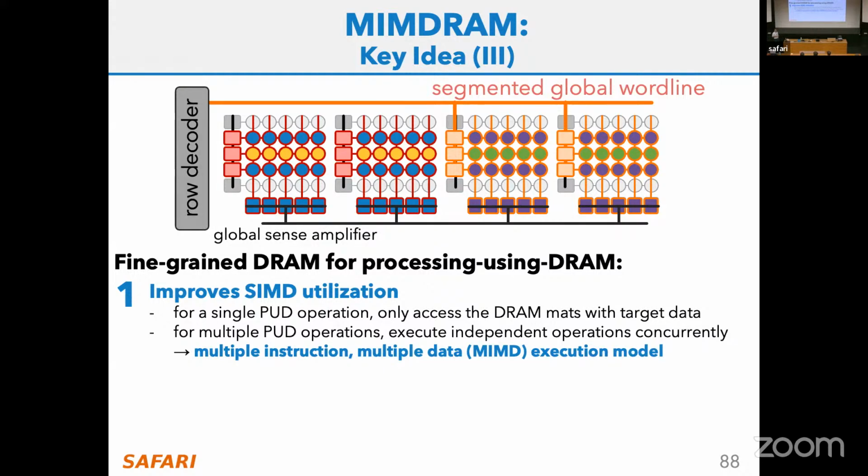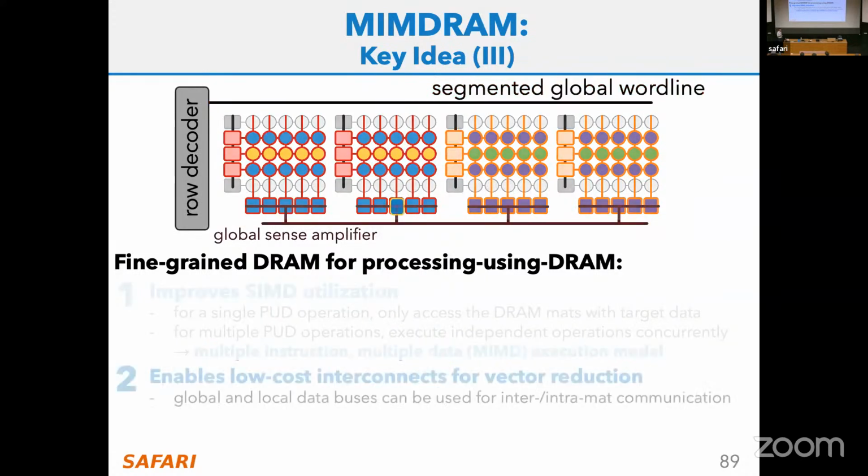So I'm moving my execution paradigm. In SIMDRAM, I was executing in a SIMD manner because of the data placed across the different columns. Now I'm going to execute on top of that in a multiple instruction, multiple data manner. So a MIMD manner, this is where the name comes from, where I have multiple processing using DRAM instructions executing across the different DRAM mats.